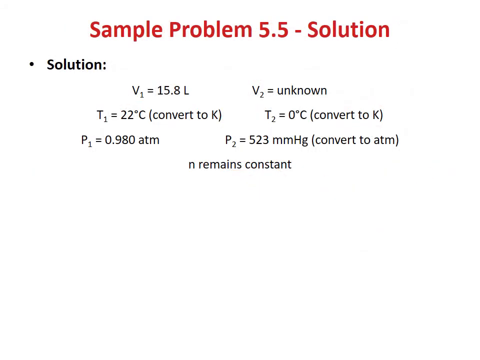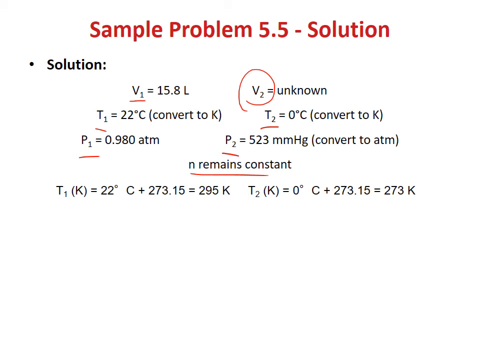Here are the given conditions. State 1: V1, T1, P1. State 2: T2, P2, with constant number of moles. We want to calculate V2. First, let's convert temperature from Celsius to Kelvin. We add 273, so we get T1 and T2.